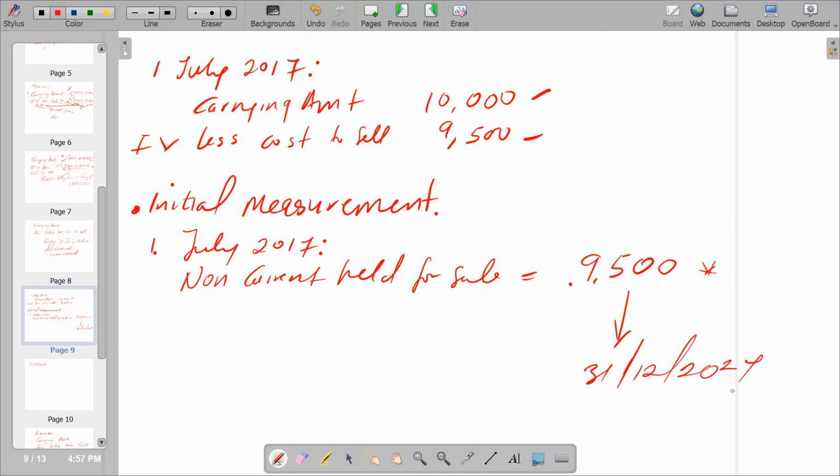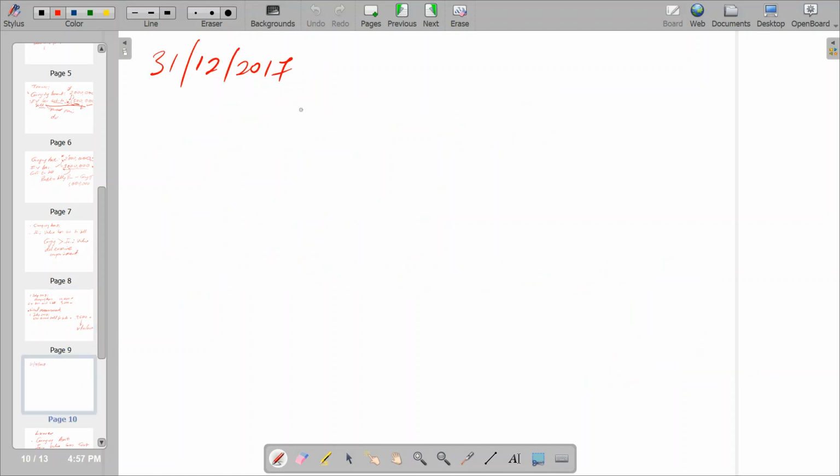Do you get it? Looking at how inflation is and how prices keep increasing, it's likely that by the end of the year the price would have changed. So we need to find the updated fair value as at 31st December. We need to always update the fair value of the non-current asset.